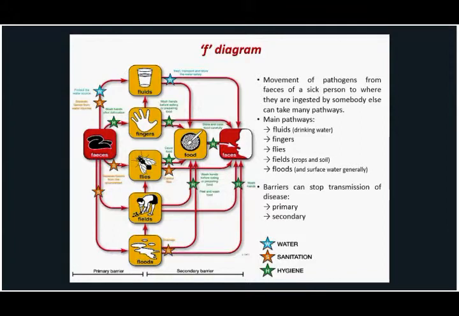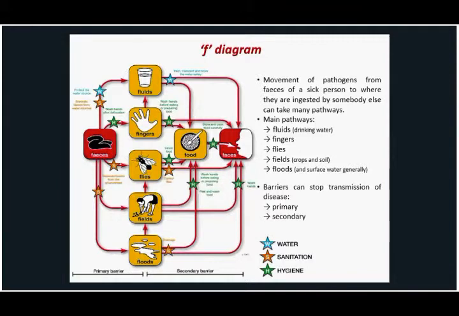As you can see in the F diagram, there are different pathways or routes, and all pathways and routes begin with the letter F. These pathways show how diarrhea-causing microorganisms can travel from feces to feces.